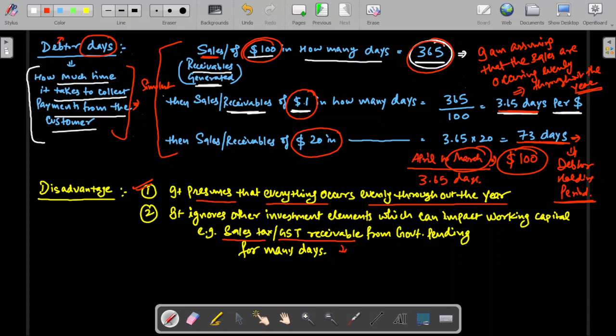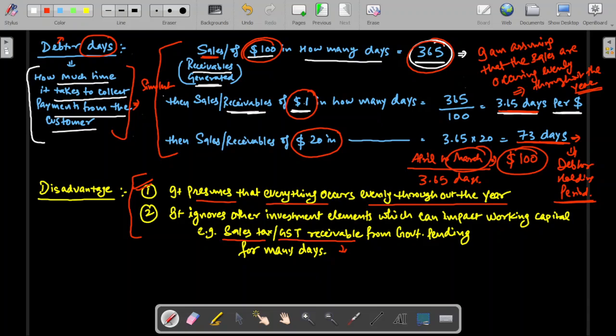But these blockage calculations are never done in the operating cycle. And there are many other items that we consider in academics which are always ignored while calculating the operating cycle in the banking sector. So these are the two main disadvantages that I wanted to discuss with you, due to which I always feel that the operating cycle may not be so reliable for me.